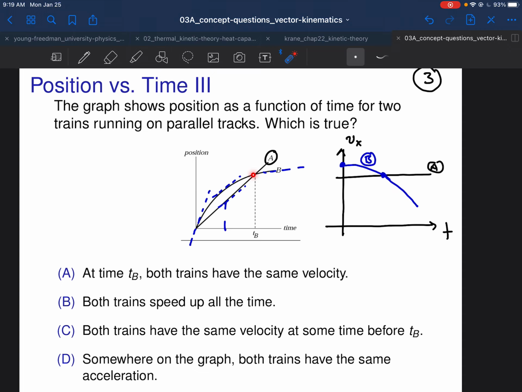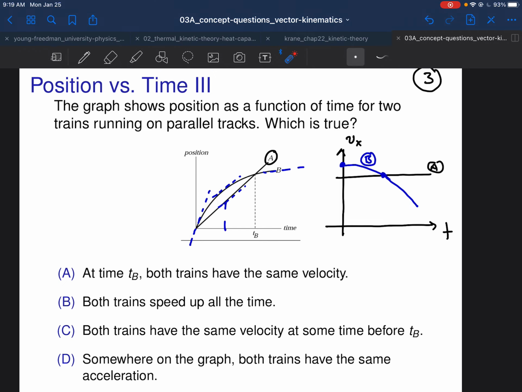At time tb, so at this final time, well, what happens with these two graphs? What's happening at tb? Well, the position graphs are intersecting. So that means that they are at exactly the same place on the ruler. They're passing each other at that moment. They're also at the same place at the very beginning.